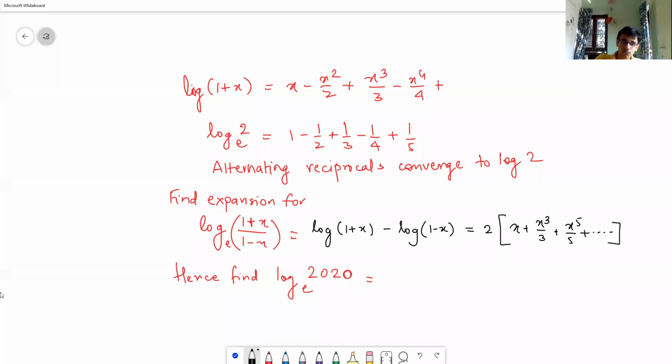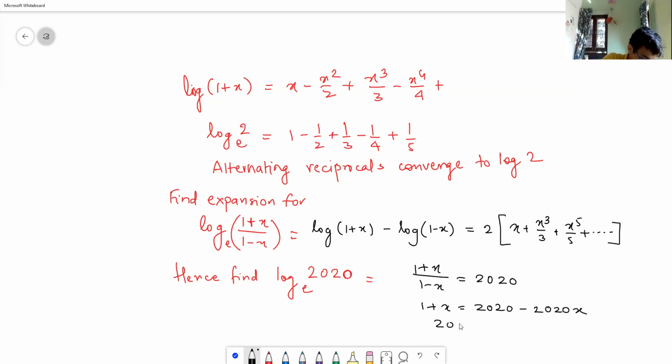Now 1 plus x upon 1 minus x, you can consider equal to 2020. So how much is x? 1 plus x is equal to 2020 minus 2020x.